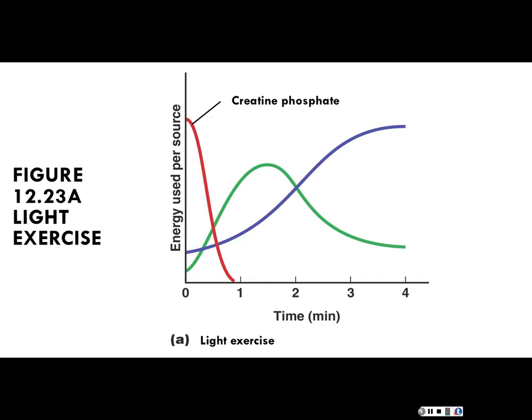Then we can rely upon glycolysis, and then if we need to extend, more than a couple of minutes, we can utilize oxidative phosphorylation. Okay, so you're looking at light to moderate exercise. This is how it goes in sequence like we saw in the image.